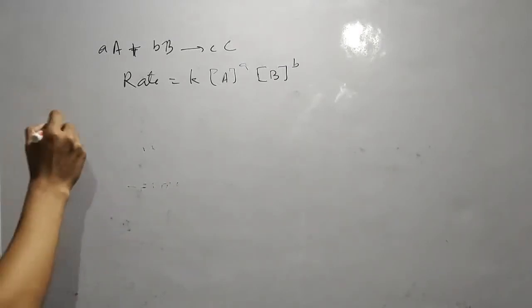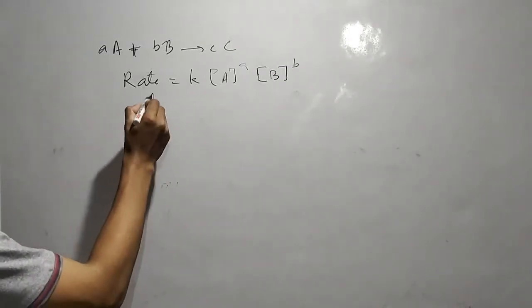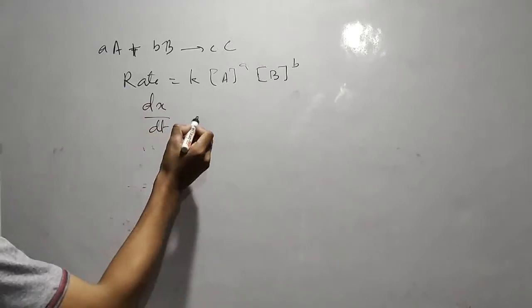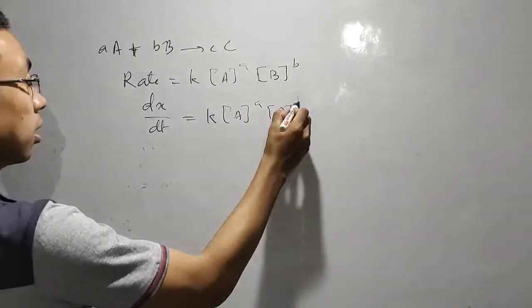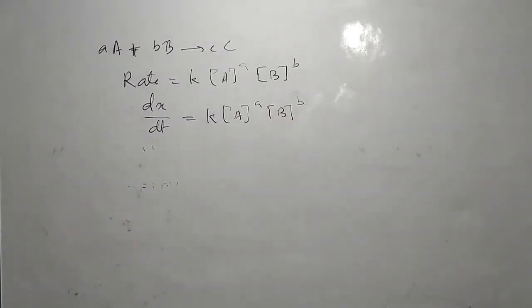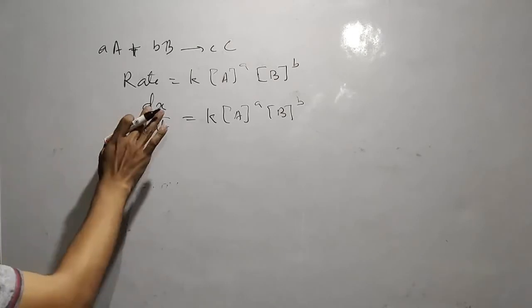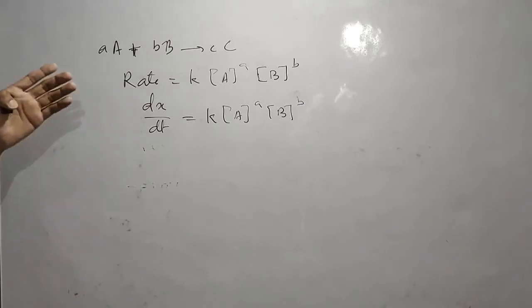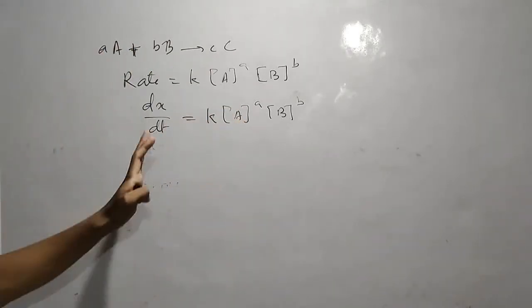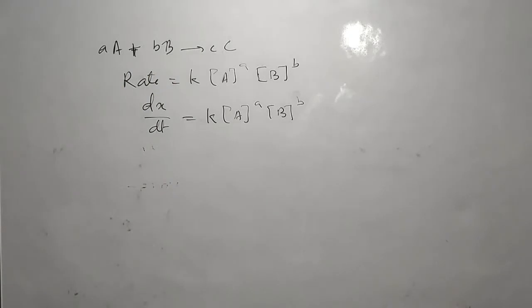Then dx by dt is equal to k [A]^a [B]^b. Here dx by dt is the rate of change of either of the species, either the reactant or the product. This is the differential form of the rate law. We can also say differential rate equation.